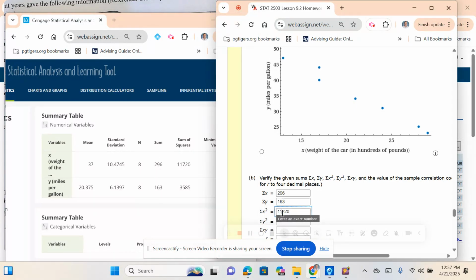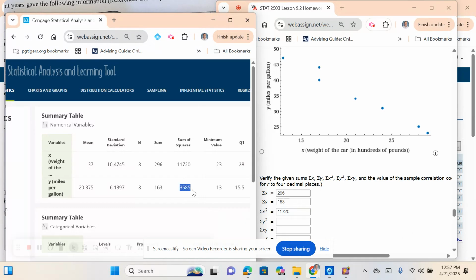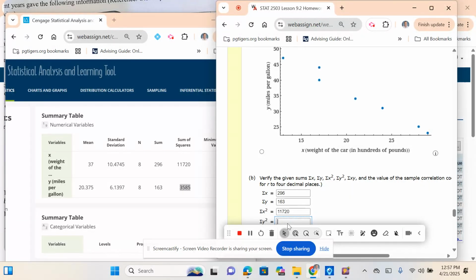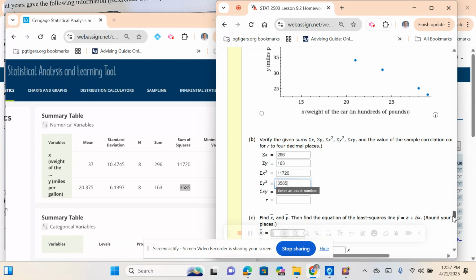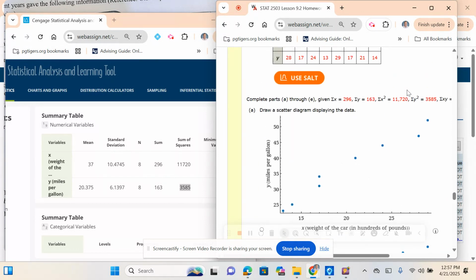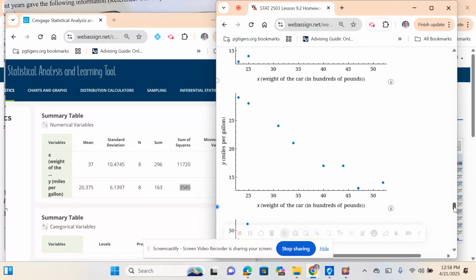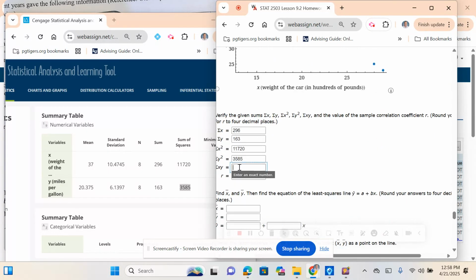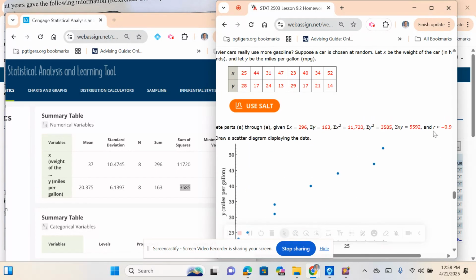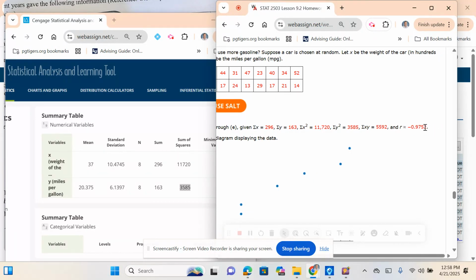EXY just means if I multiplied all the X's and Y's together and then added up the products. EXY is up here though, and R is up here as well. These are tools you could use to calculate the line of best fit by hand, the more theoretical way. R is the correlation coefficient, and they gave that to us as well.